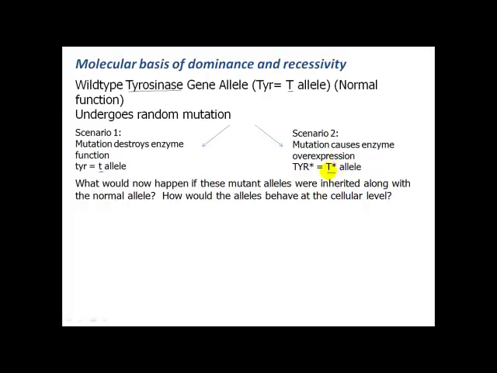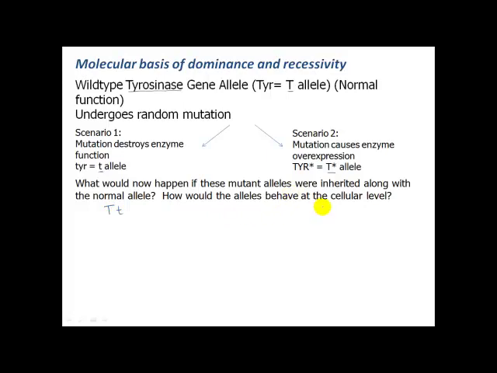Now, to think about the dominance and recessive relationships of these two mutant alleles in the context of an individual that also has a wild type allele. So in other words, let's say in individual number 1, they are heterozygous and they have this genotype. They have one wild type allele, normal allele, and then they've inherited one allele that does nothing. What would we expect their phenotypic expression to be, given that genotype?